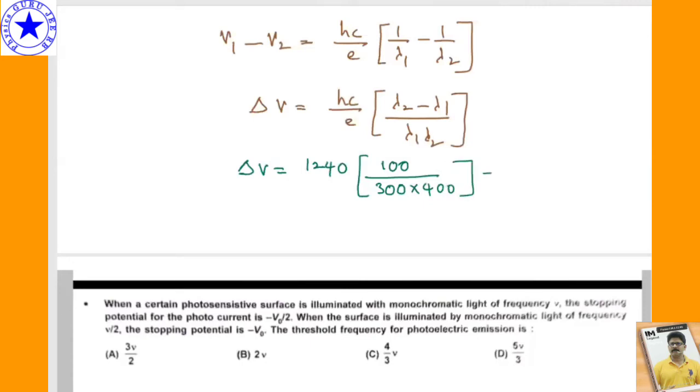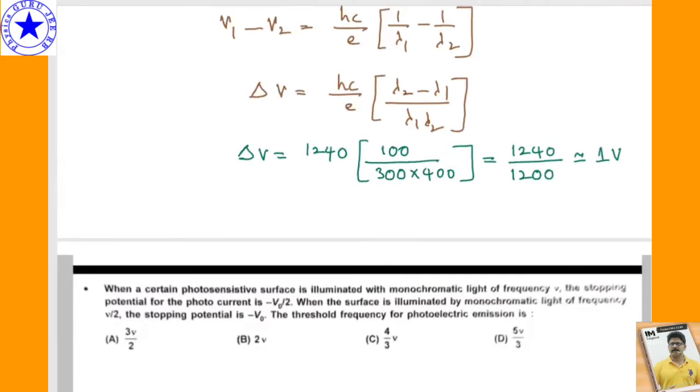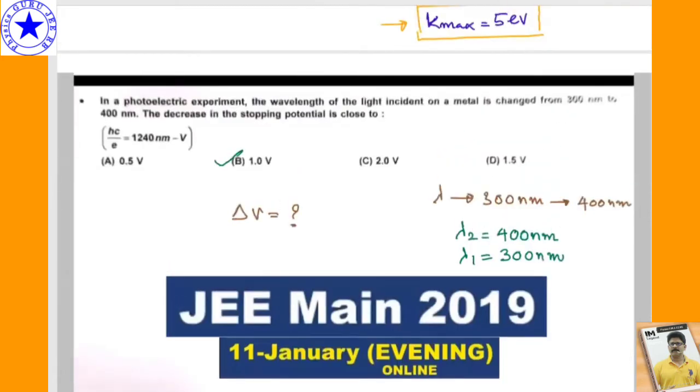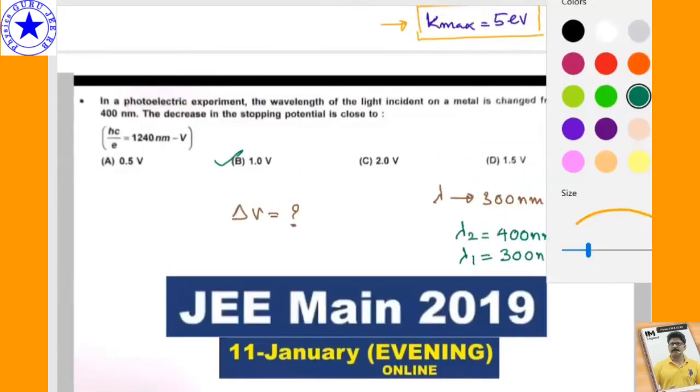This is nothing but 1240 divided by 1200, which gives 1 volt, nearly 1 volt. So what is the option that we are getting? B is the answer. Hope this is clear.